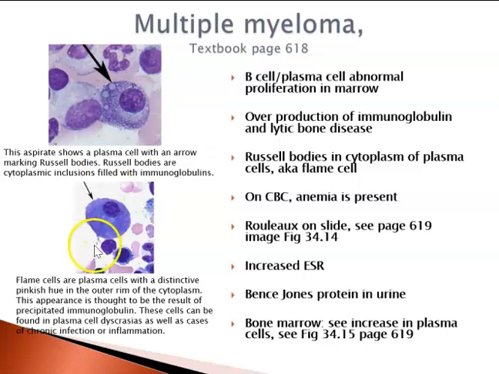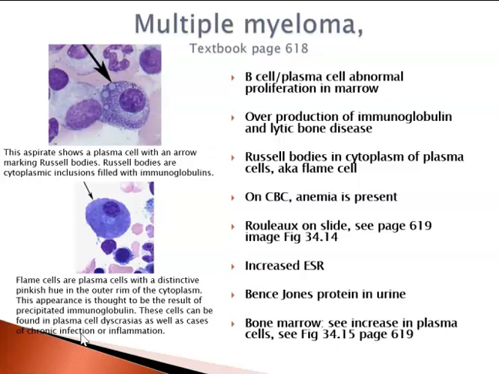The flame cell, you see an example on the lower left-hand corner. The flame cells are plasma cells which have a distinctive pinkish hue in the outer rim of the cytoplasm, and the appearance is throughout and can be a result of precipitated immunoglobulins or antibodies.